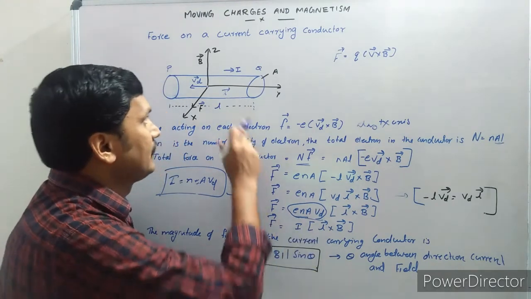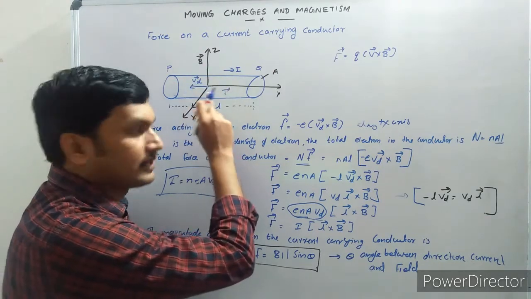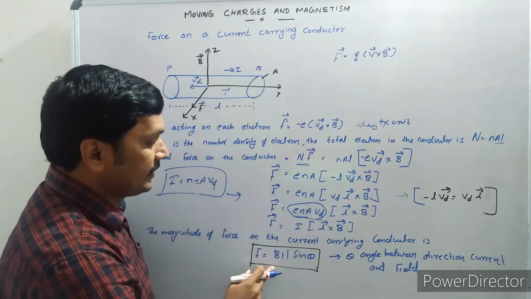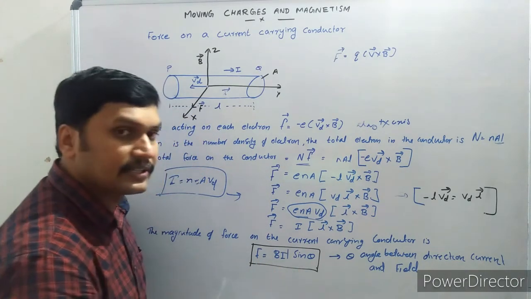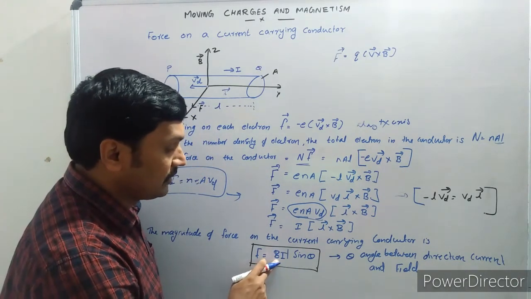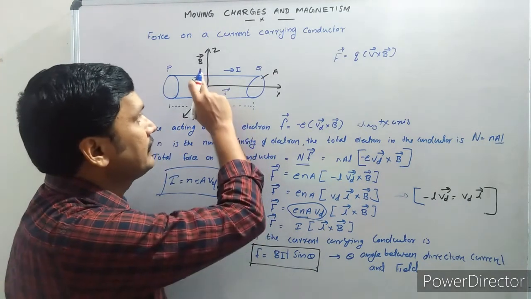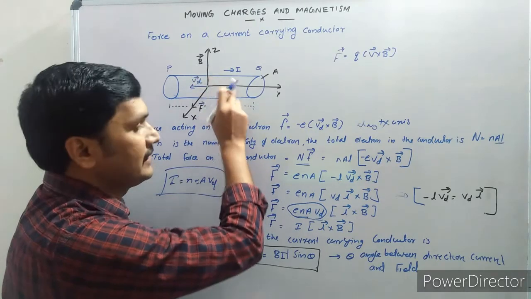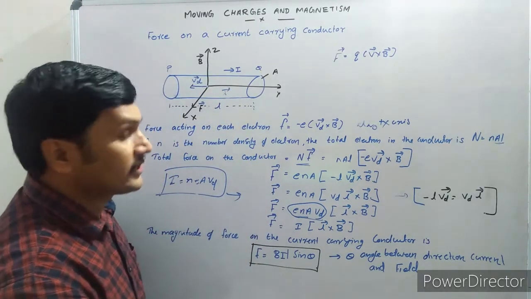If theta is the angle between L and B, or I and B, both are the same actually, we can write F is equal to B I L sin theta. That is, magnetic field into current into length into sine of the angle between B and I, or B and L. Now see some special cases.